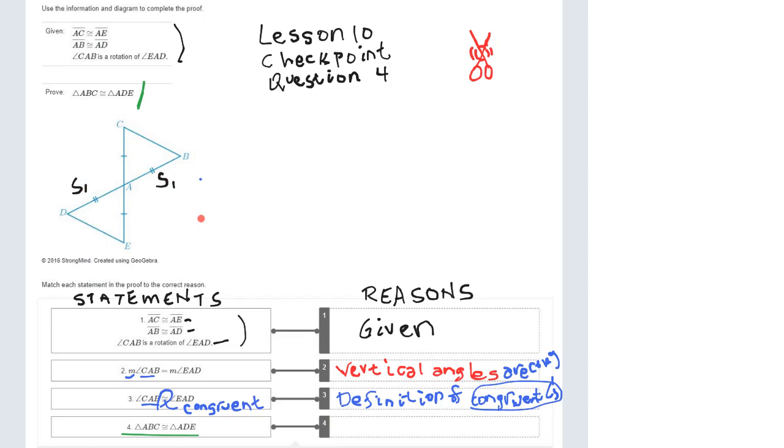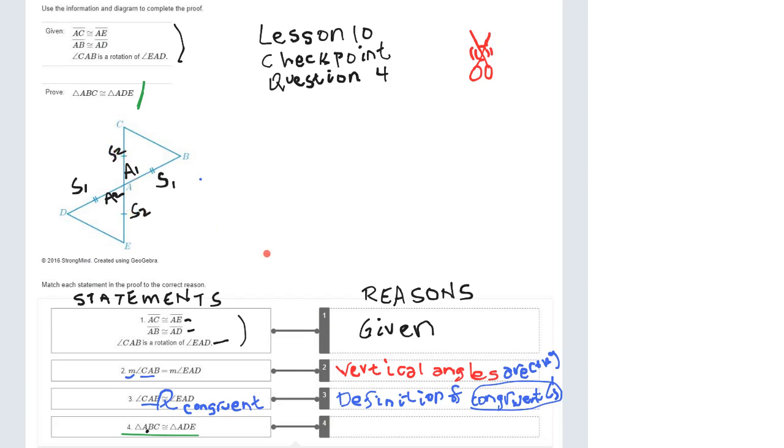Here they have AB and AD, and then they have BC. We have angle 1 in this triangle. The 1 represents the first triangle. This is angle 2, because of vertical angles. Now we have side 2, the single tick marks.